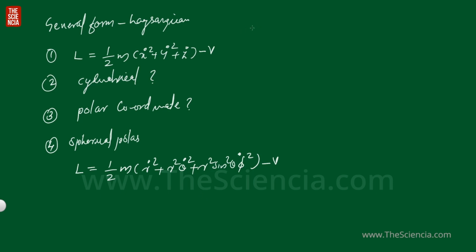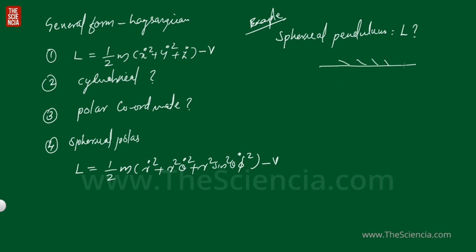Now an example problem. What will be the Lagrangian of a spherical pendulum? What is a spherical pendulum? It is similar to a simple pendulum. You see, and you know, this is the axis, the vertical axis.